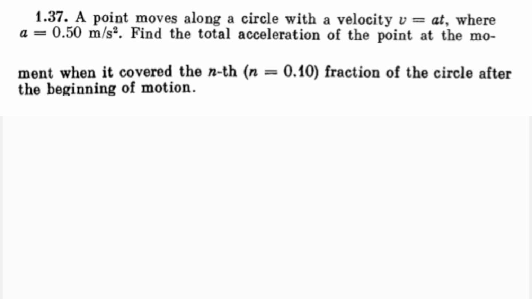Find the total acceleration of the point at the moment when it covered the nth fraction of the circle after the beginning of motion. Here n equals 0.10. As we start solving this problem, let us begin with what is given: velocity v equals alpha t, and alpha is 0.5 meter per second square.